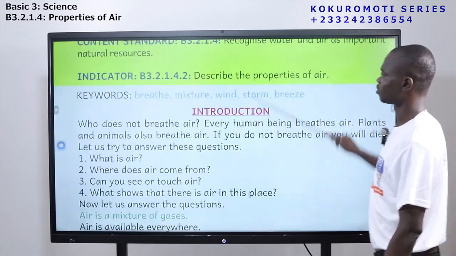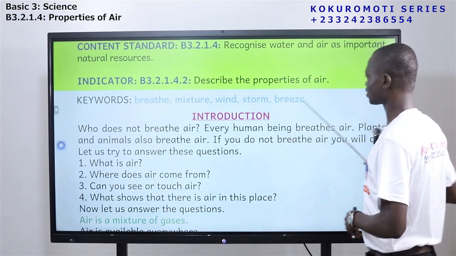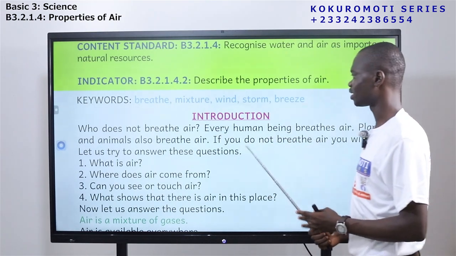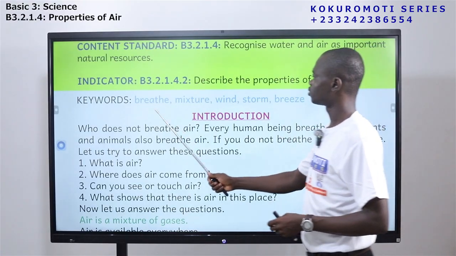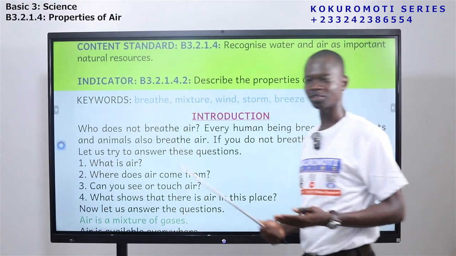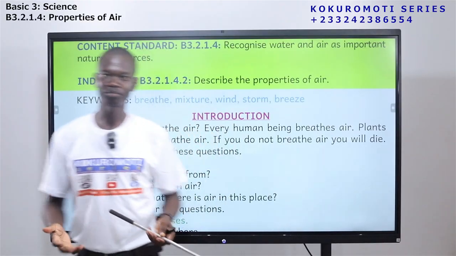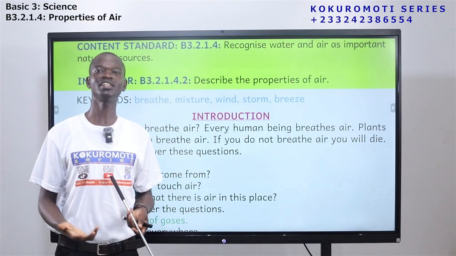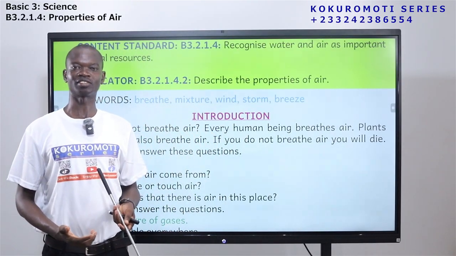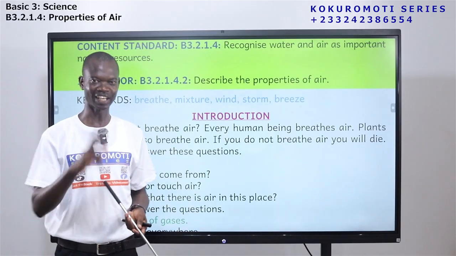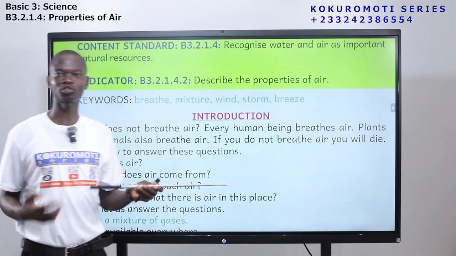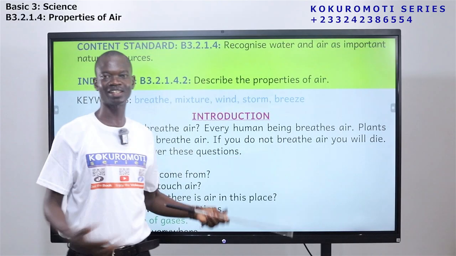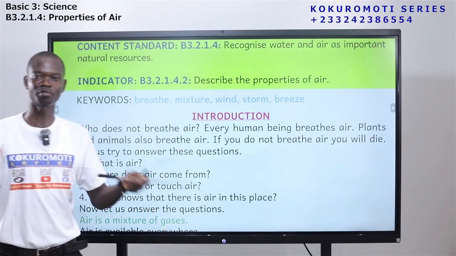Now, these are keywords that we will see in the lesson or in the textbook. The first one, breathe. Do you understand breathe? Yes, it's a verb. Breathe in, out. Next, mixture is about two or more things that have been put together, that have been mixed.